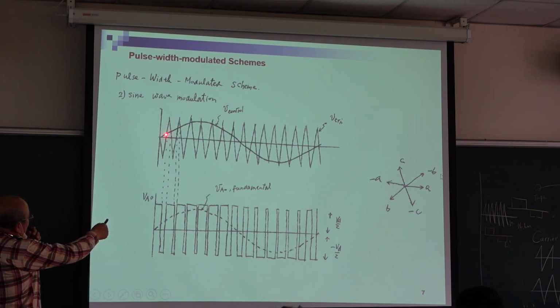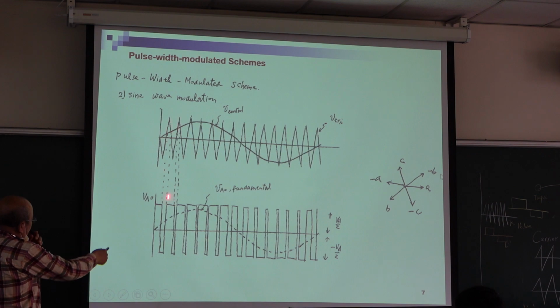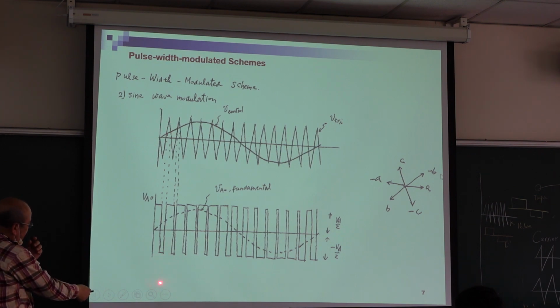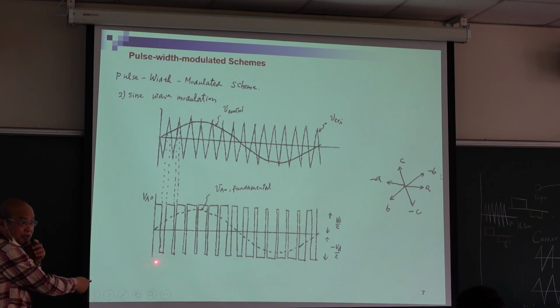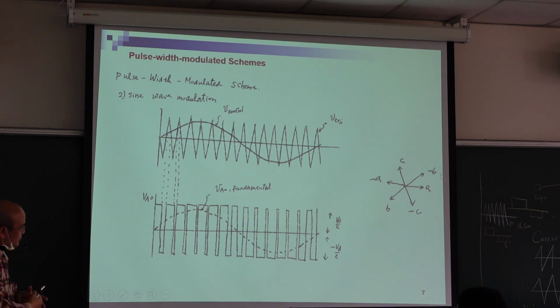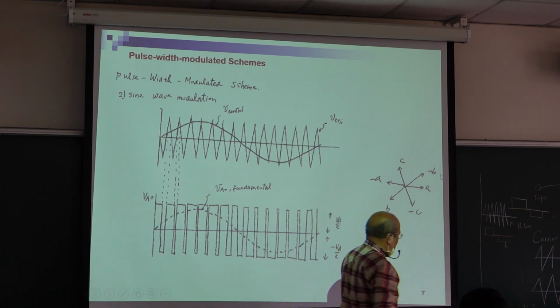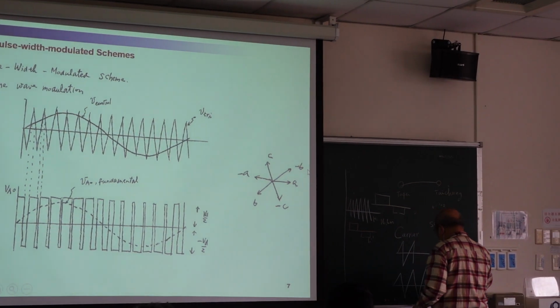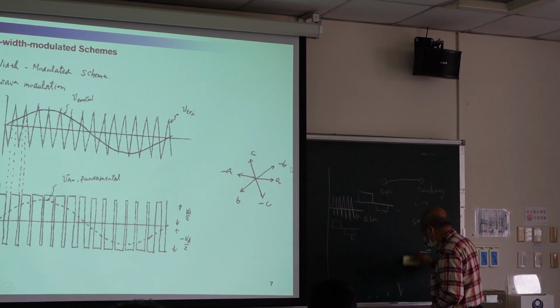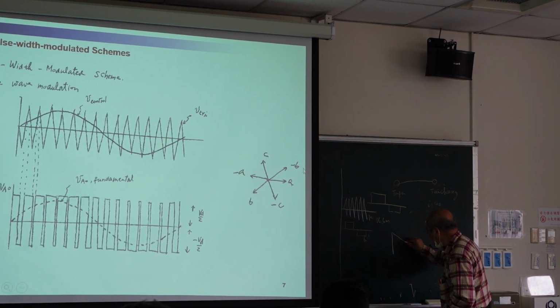Here, our signal is lower than the triangular, so we get the lower leg, minus 0.5 VDC, right? So we use comparison, which is very easy. We can use an operational amplifier.